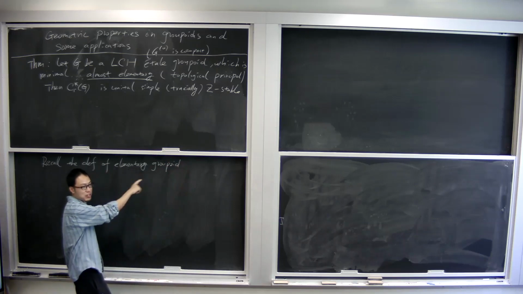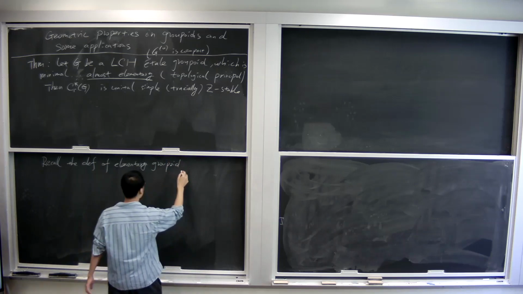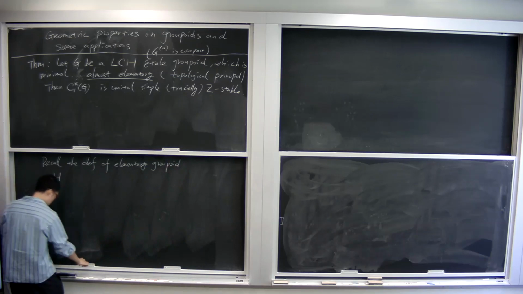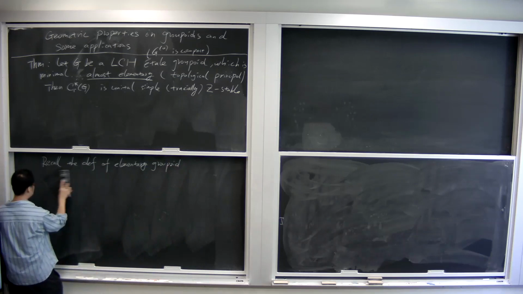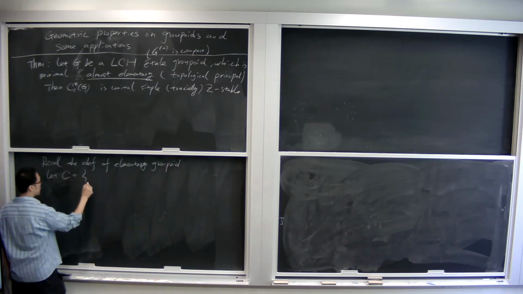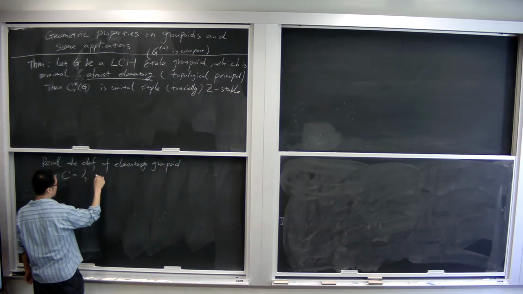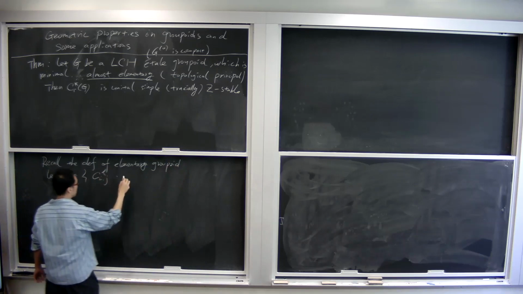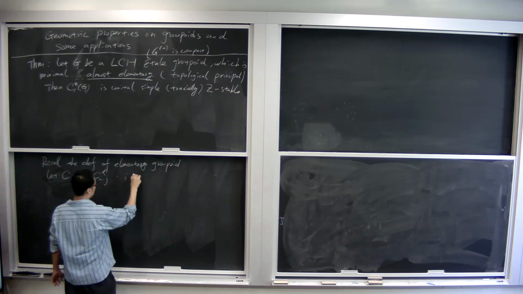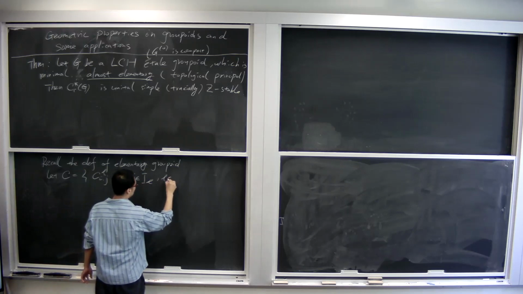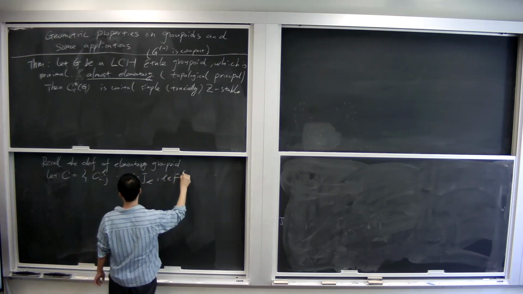This definition appears in the Renault book, where they call it an elementary groupoid. Let us see, let C be a bunch of bisections C_{ij}^l, such that your i, j come from some index set I_l, and your l comes from another index set F.